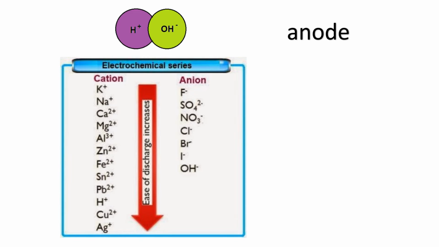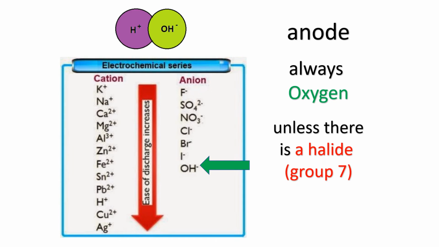Now the anode, again, this series here is really unhelpful right now, because it doesn't make any sense. So I would almost ignore that chart, the table. At the anode, you're always going to discharge oxygen every single time, unless there is a halogen or a halide, a group 7 element. That's why that table doesn't make any sense here.